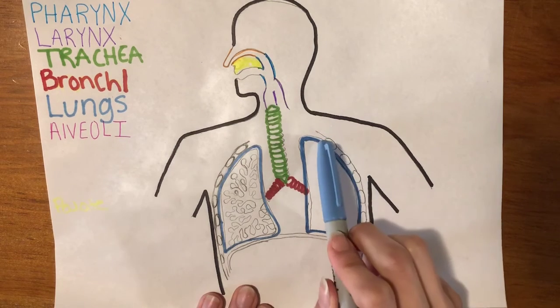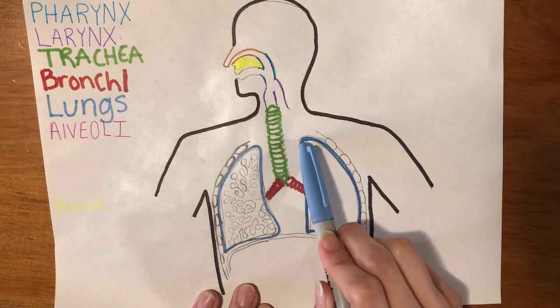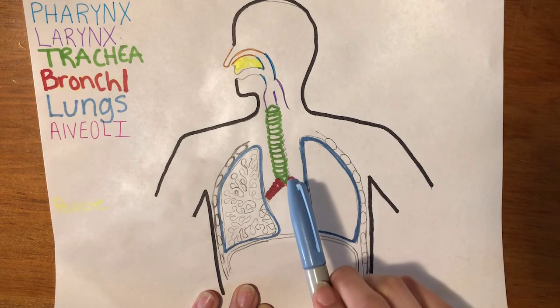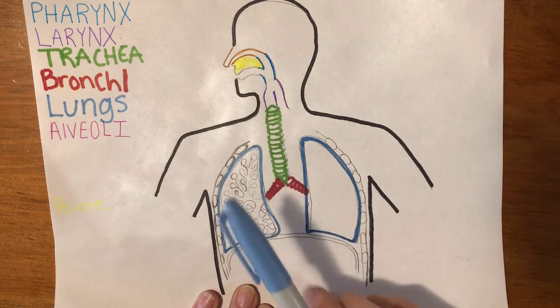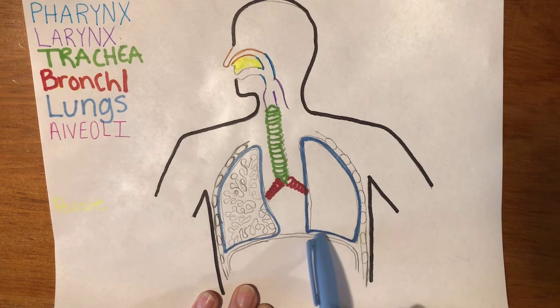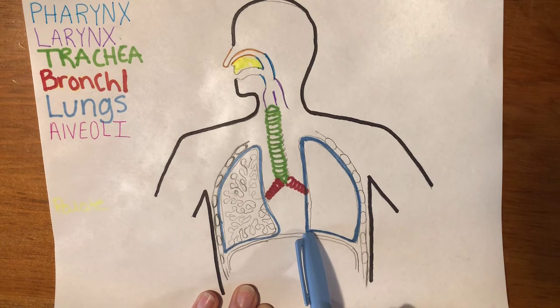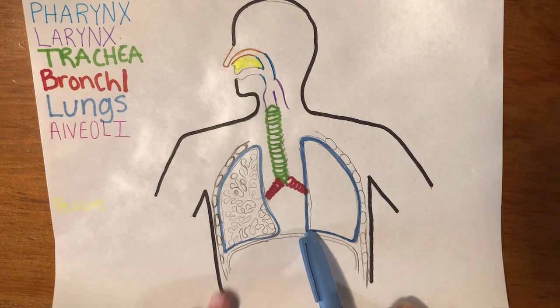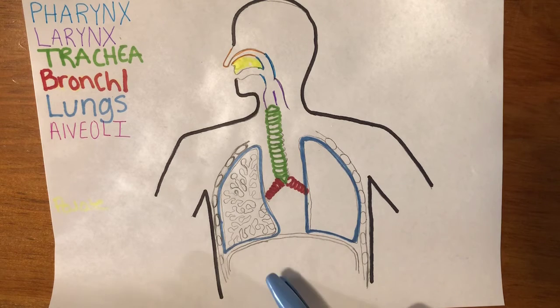The apex is the narrow top portion of the lung that rests, and the base is the broad area of the lung that rests on the diaphragm. Each lung is divided into lobes by fissures. The left lung has 2 lobes and the right lung has 3.